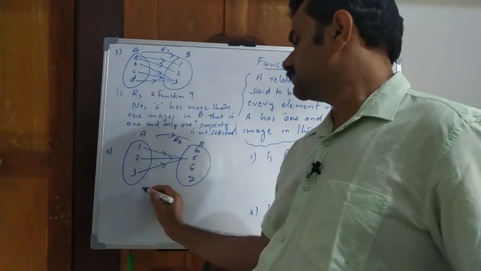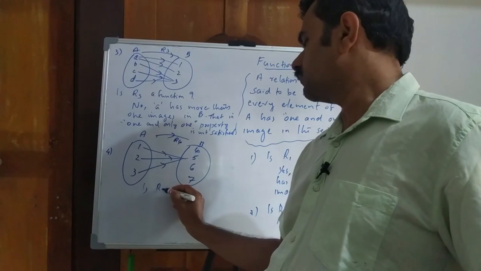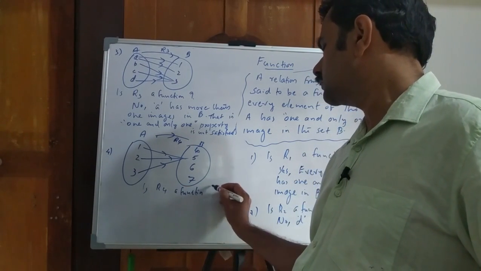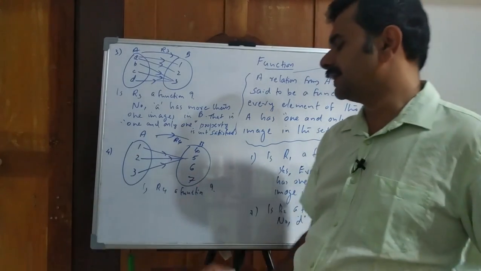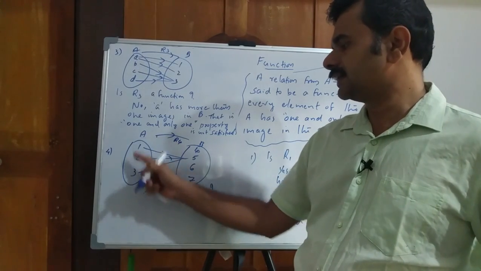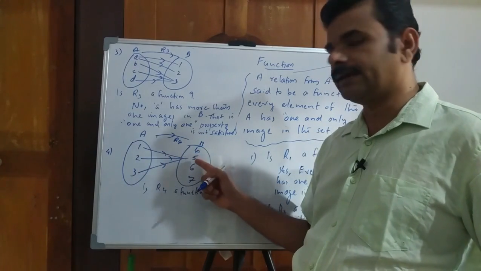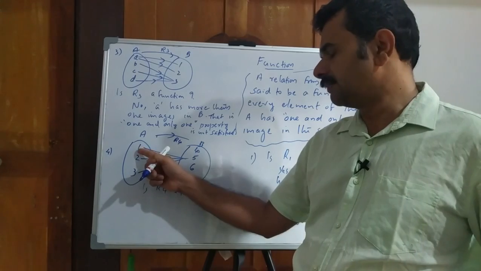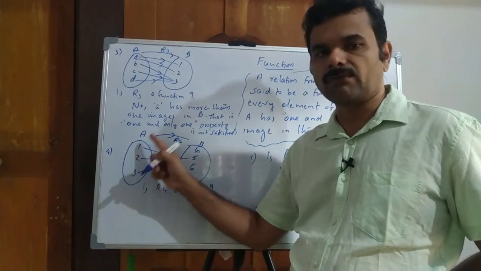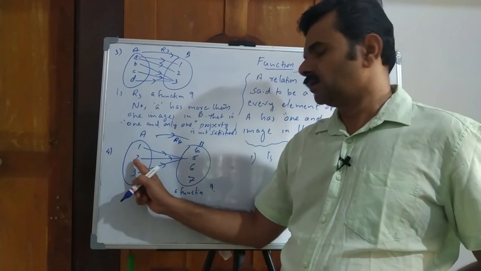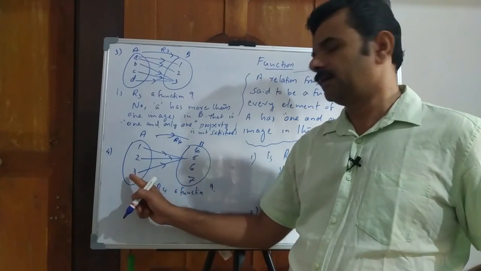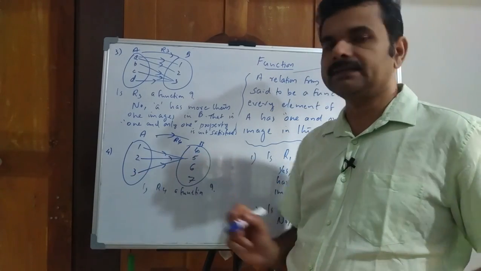Similarly, is R4 a function? Yes, because every element of the set A has one and only one image in the set B. Image of 1 is 5, only one image for 1. Image of 2 is only 1, that is 5. Image of 3 is only 1, that is 5.